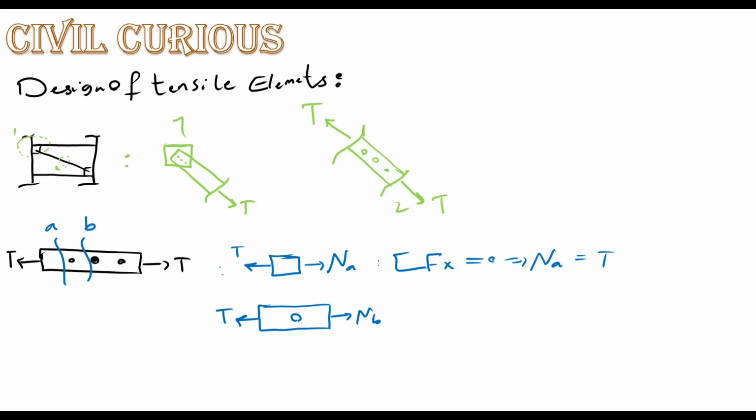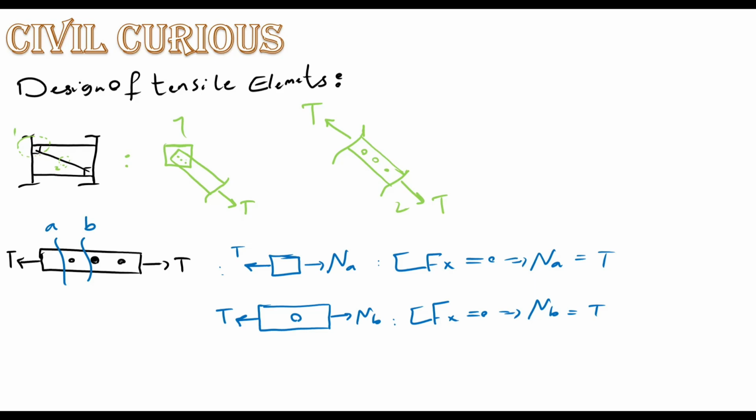When we write an equilibrium equation, sigma of Fx is equal to 0, so NB is equal to T again.